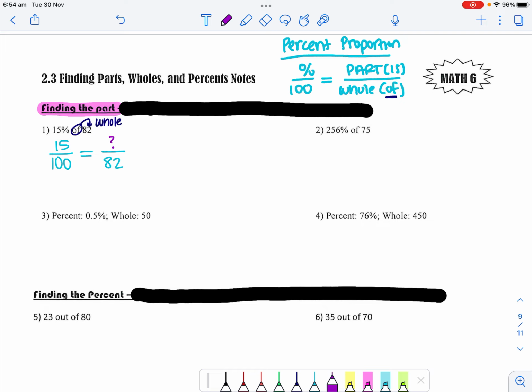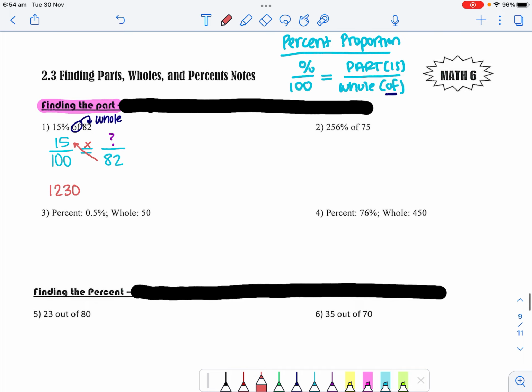So now to solve these, I'm going to stay within my proportion and multiply along the diagonal. Whichever diagonal has two values in it, you're going to multiply along that diagonal. 82 times 15 is 1,230. And then you're going to divide by the number that's left over.